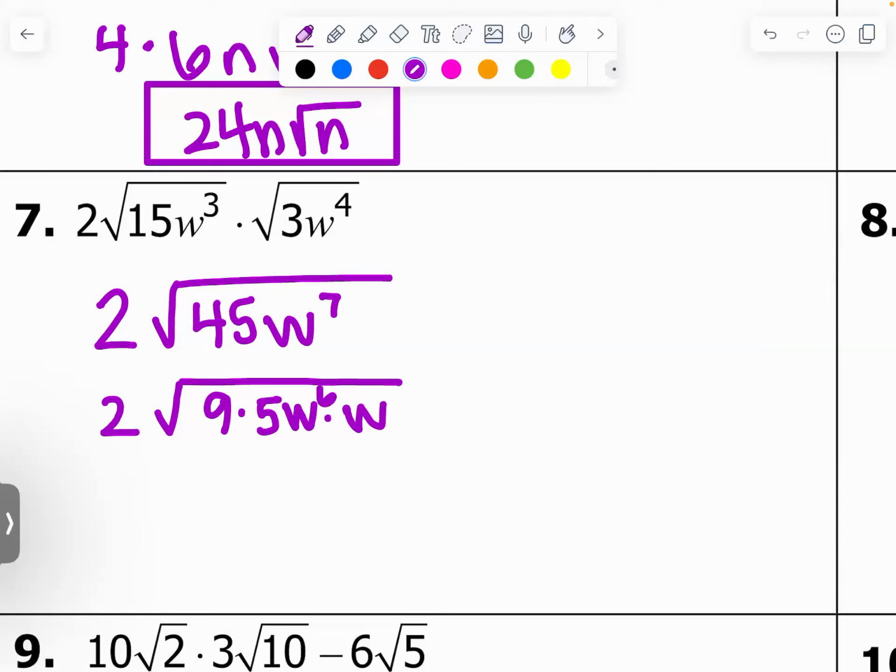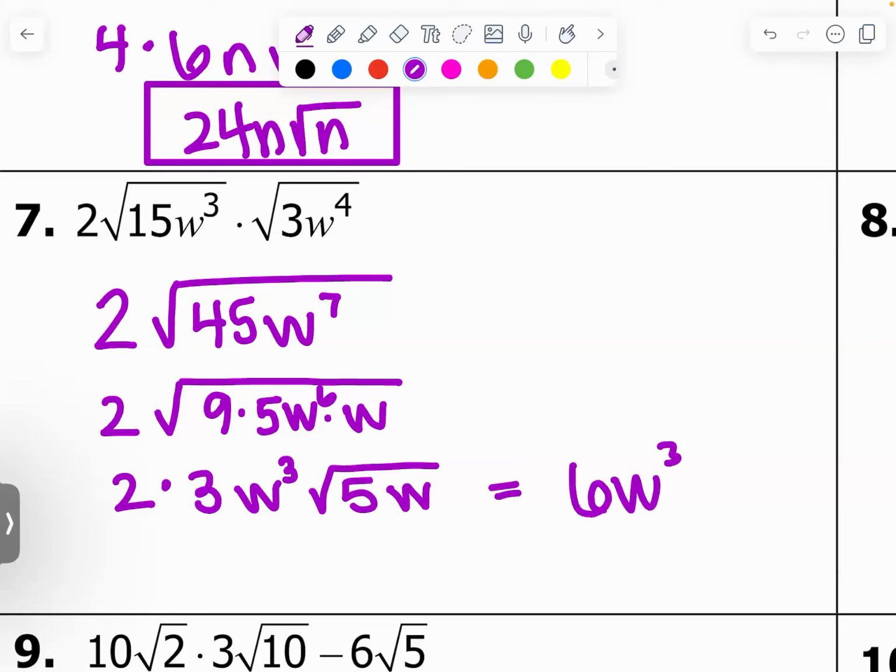The square root of 9 is 3, 5 stays underneath. The square root of W to the 6th is W cubed, and this W stays underneath. So when you take the square root of the letters, you just divide the exponent in half. So you should have 6W cubed square root of 5W.